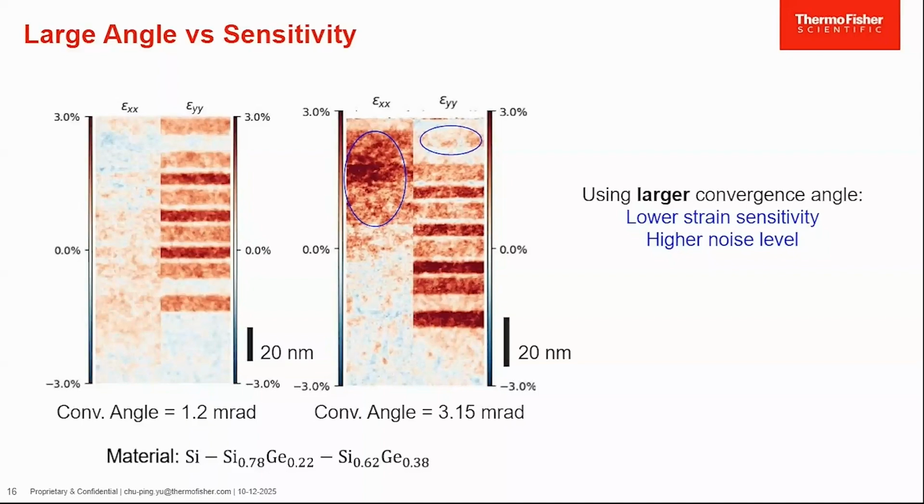And this is because with a large convergence angle like 3.15 here, you will suffer even worse dynamic scattering effects in finding the location of your diffraction peaks or disks. So as we mentioned before, the second thing we want to try here is the frame-based precession.